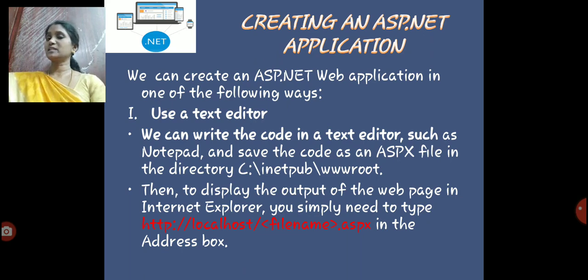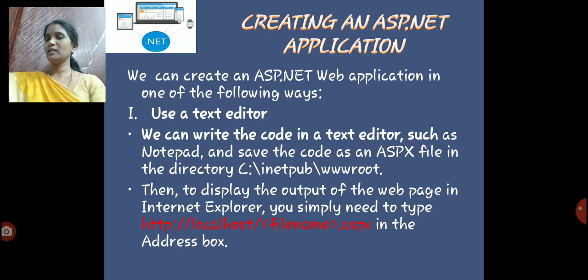We can create an ASP.NET web application in any one of the following ways. Number one is using a text editor. So how to use a text editor? The text editor can be anything. For example, Notepad. In Notepad we type programs for Java and the other things, for PHP, etc. So for .NET also the same Notepad we can use as a text editor, and after typing the code we can save the code as an ASPX file.